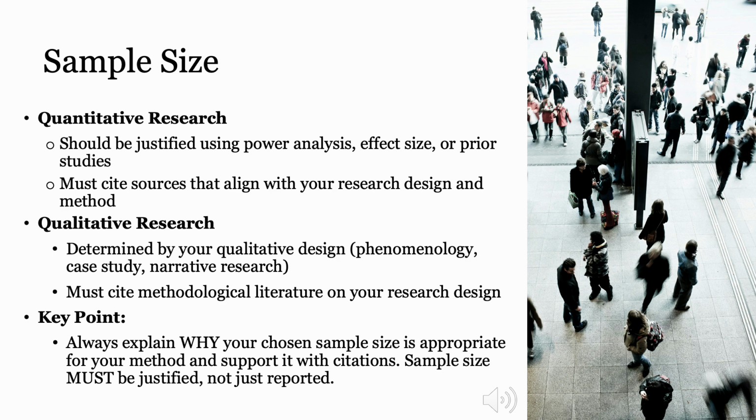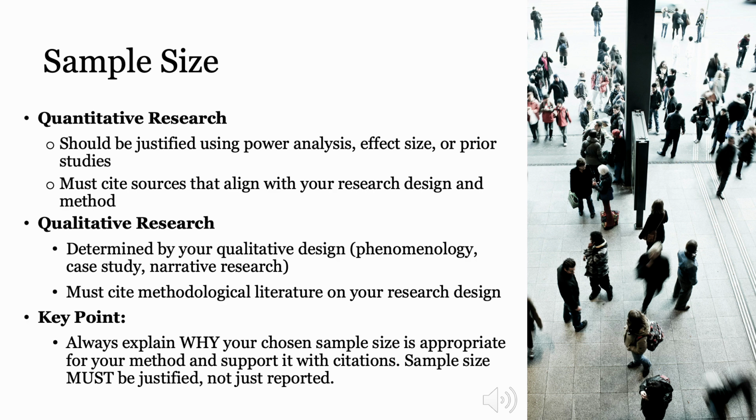Another thing we need to justify is our sample size. We cannot just report our sample size or our number of participants. We need to explain how we decided on that number and why that number is adequate for our study design and research questions. In quantitative research, you can use a power analysis, effect size, or prior studies to show how your sample size is appropriate.